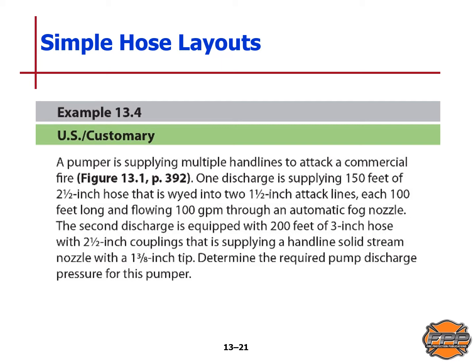The second discharge is equipped with 200 feet of 3 inch hose with 2.5 inch couplings that is supplying a handline solid stream nozzle with a 1 3/8 inch tip. Determine the required pump discharge pressure for this pumper.